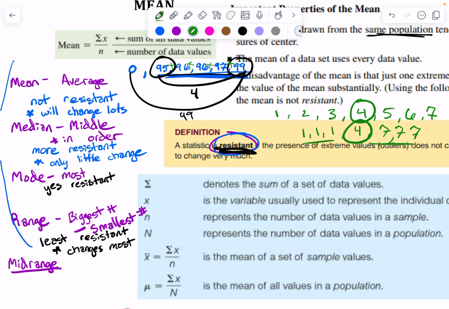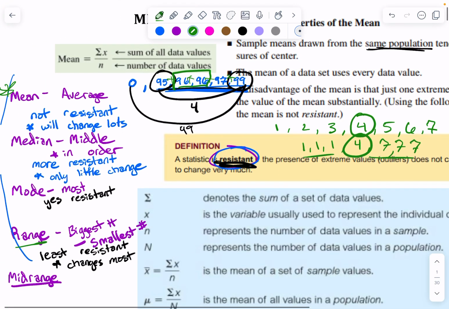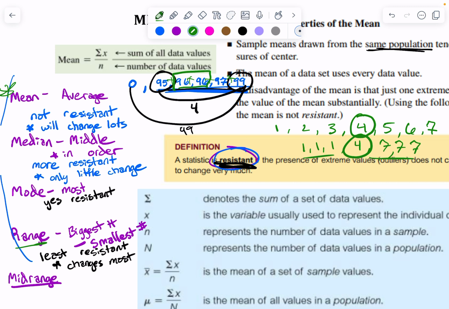Mode. It doesn't really take into consideration every data value. I only care about the one that shows up the most. I don't care what the other values are. And the range, you only look at two numbers, right? It doesn't matter what the middle numbers are. So mean is the only one that takes every single data value into consideration, okay? That's why when we do grades, we want to use the mean, because we're taking every single homework assignment into consideration.